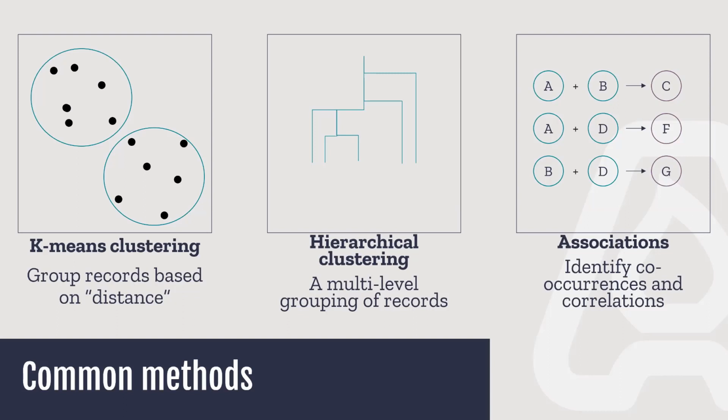And then it ends up being able to say these records are all close to each other, they belong in cluster 1, these values are all close to each other and aren't close to cluster 1, so those will be cluster 2. The value of this type of activity is you can find groups that you didn't know existed.